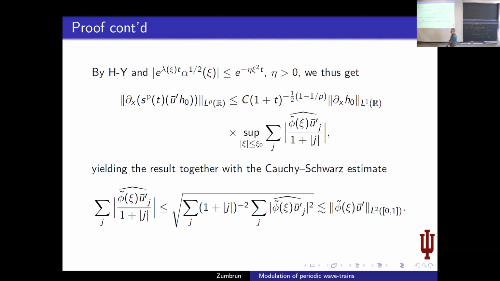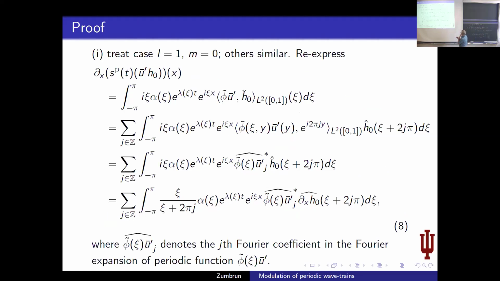H0, what are the variables for H0? Just X, and H0 of X. Sometimes H and X and C because of Bloch. Well, no, because this one is just the initial datum, so this is only in X. No, because H naught is on the whole line. It's a Fourier transform, not a series.